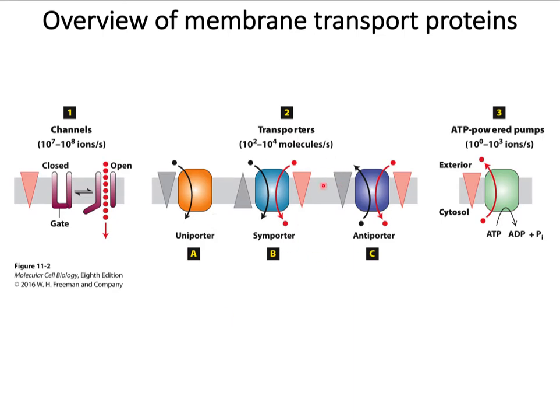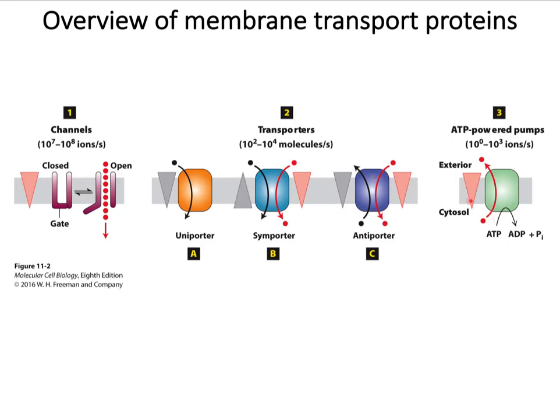The other two types of transporters are called cotransporters, known as either symporters or antiporters. The energy available from the movement of one or more ions down the electrochemical gradient drives the movement of one molecule against its concentration gradient. This is also known as secondary active transport.